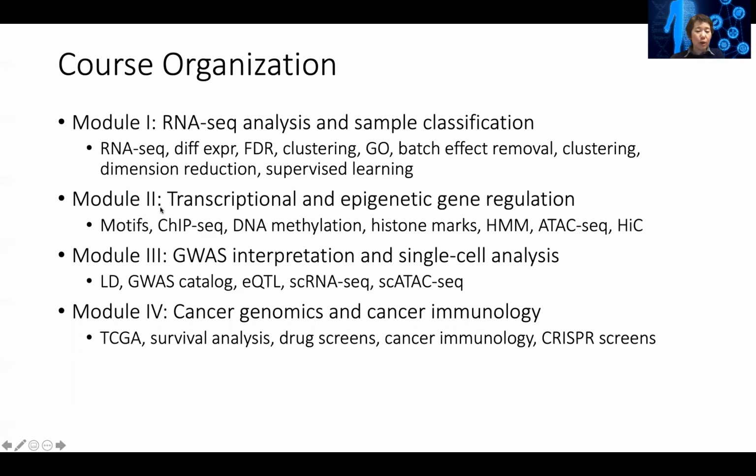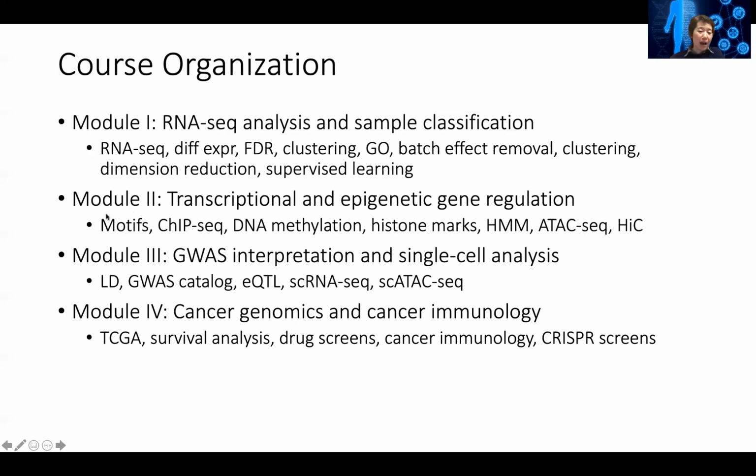In module 2, we will cover transcriptional and epigenetic gene regulation. So, basically module 1 will show you these genes are differentially expressed, but then the second module will tell you why they are differentially expressed, right?